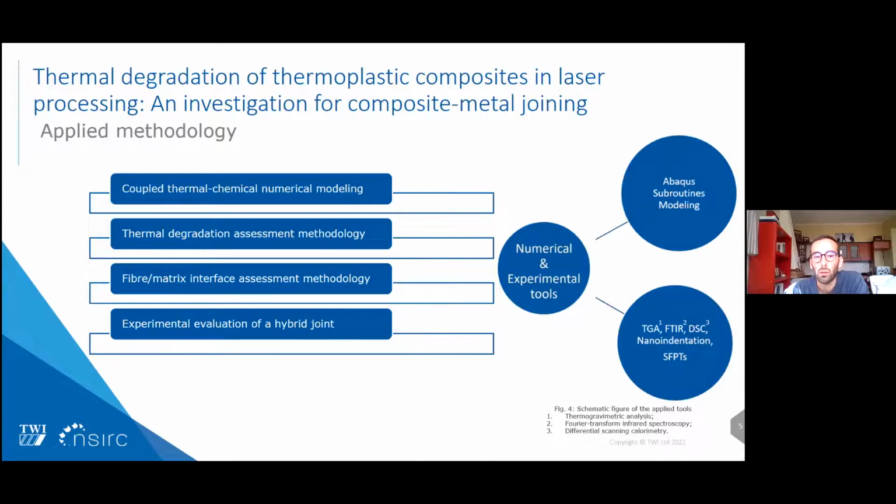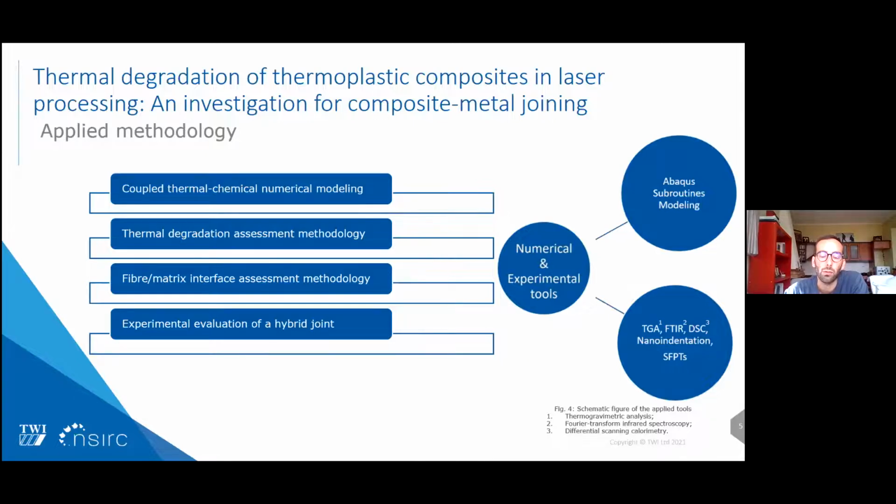Then an assessment methodology is developed in order to identify whether the material has been thermally degraded or not after the heating treatment. This involves a multi-technique analysis with several experimental methods, such as FTIR, DSC, and nanoindentation. In detail, FTIR is used to detect whether degradation has happened, whether thermal damage has been induced on the material after the laser heating.